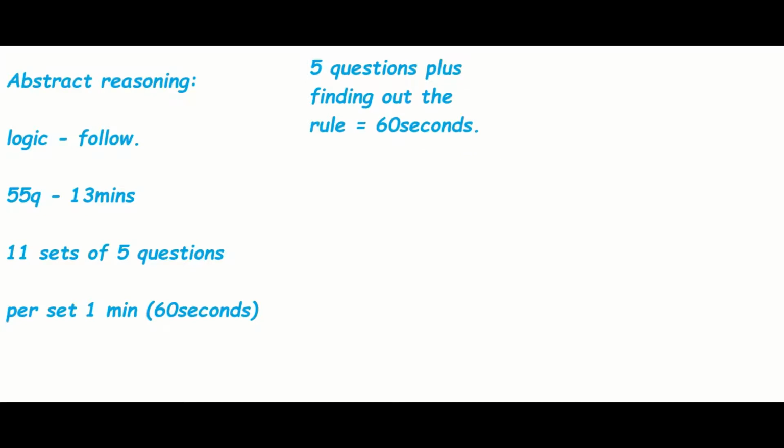First off, timing wise, when I said you have 11 sets of 5 questions, what I mean is you'll have one complete question with 5 questions relating to 2 sets. We'll get into the sets later, but you have set A and set B, usually a pair, and you have 5 questions to answer.